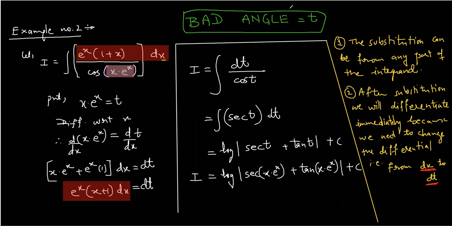Then the third pointer, let me write the third pointer here. The third pointer which I am writing is something which will happen 95% of the times.